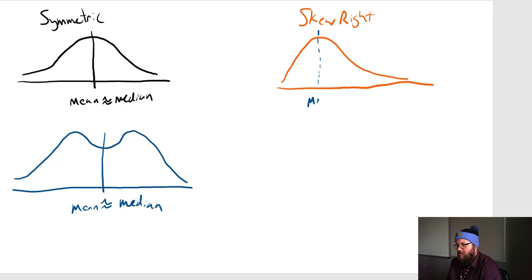Here's your median. And your mean is going to be somewhere over here. Because this tail is pulling, there's a higher number of data values here that are pulling the mean to the right. So for this, the median will be less than the mean.